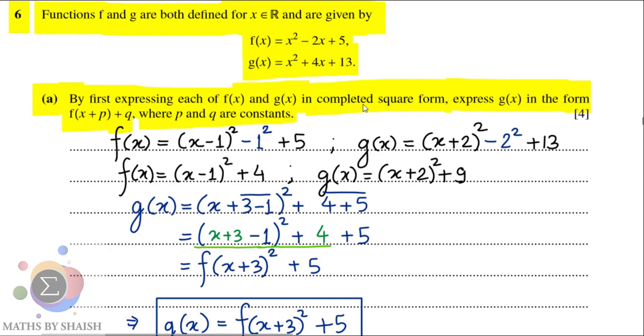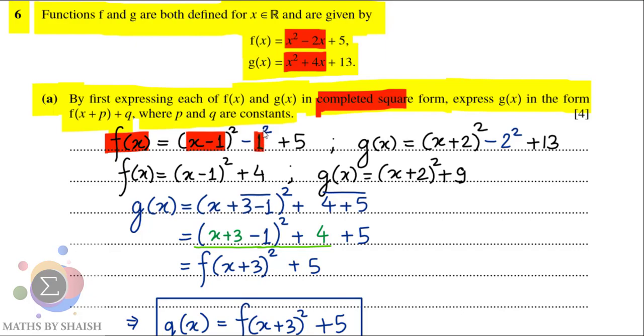So first of all, as it is given, we need to use the completing square method. For f(x), we only look at the first two terms for the completing square. The x squared coefficient has to be 1, so directly we can use x minus half of the coefficient of x, whole squared, and minus the square of that number, plus 5 is already there.